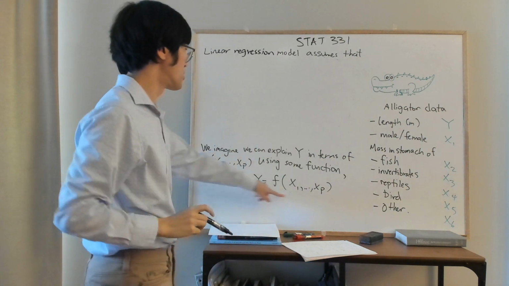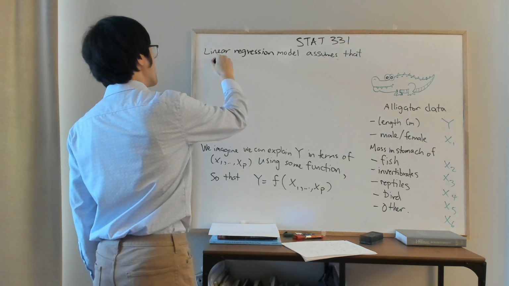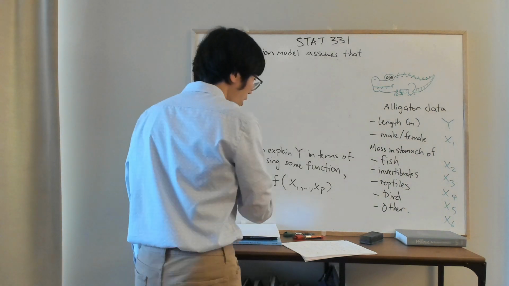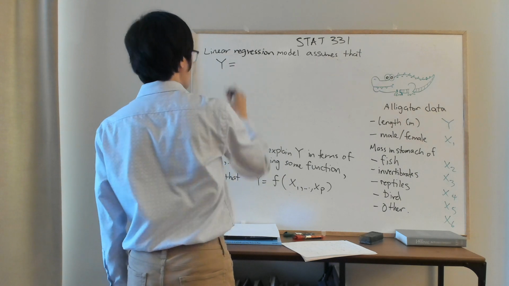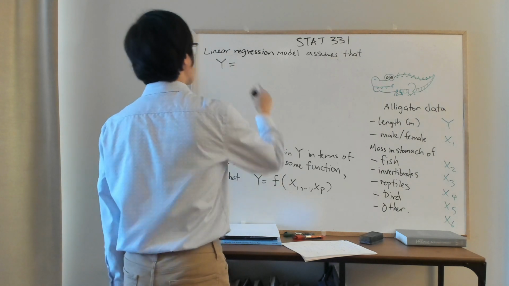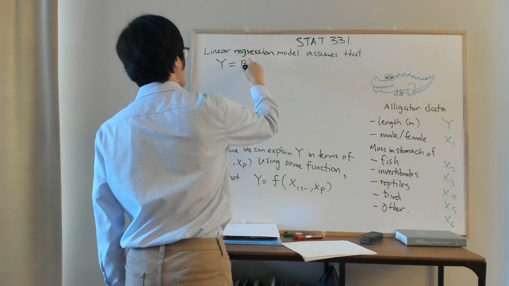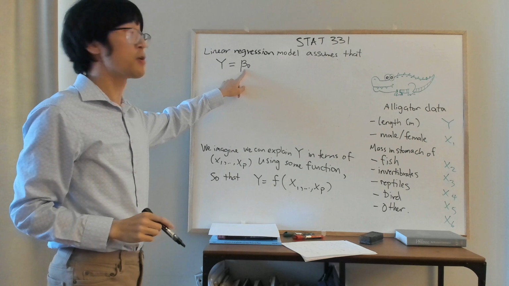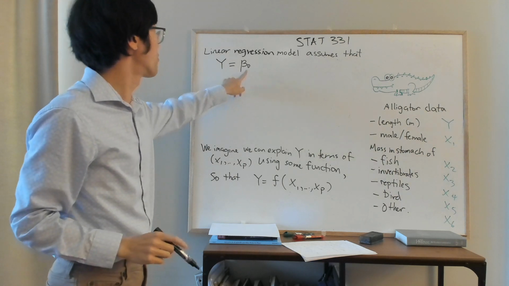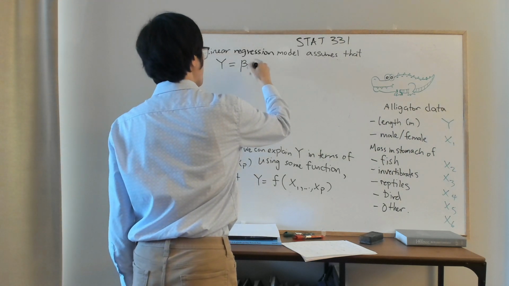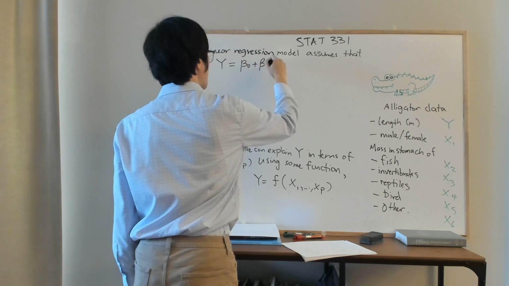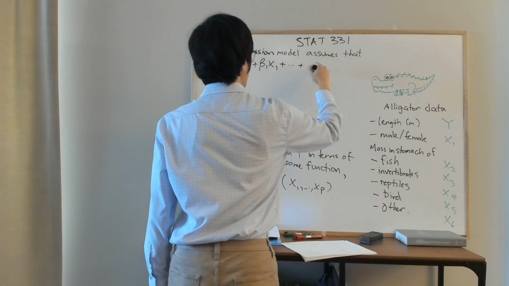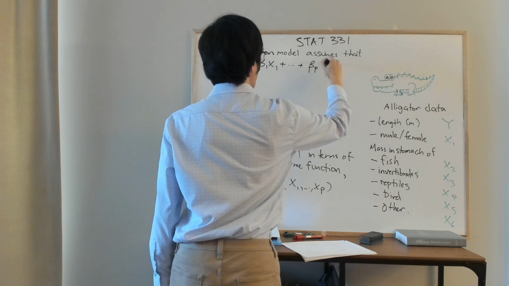Okay, so the linear regression model assumes the following. Here's a specific case: when we look at linear regression models, we model y in terms of a linear combination of the x's. So we can write it in this form. We're going to introduce some parameters, and we generally use betas for the parameters. I'll write it down first: we'll have a beta 0, and then beta 1 times x1, and beta 2 times x2, and so on, and then beta p times xp.